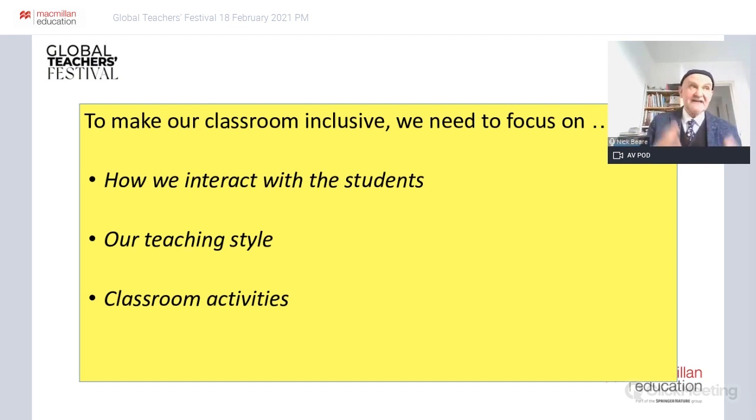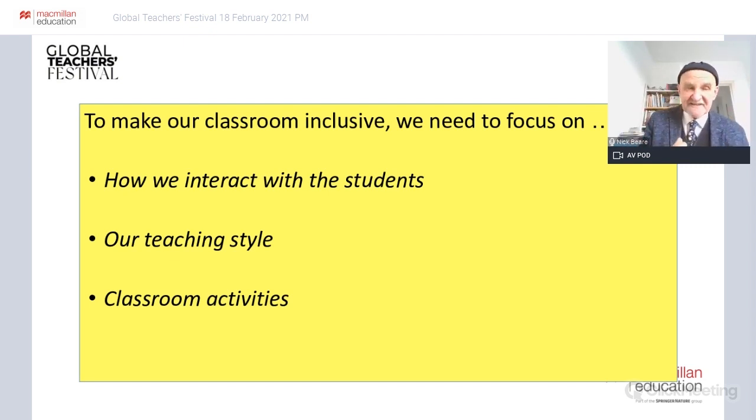So to make the classroom inclusive, to get everybody involved in the action, not to feel not involved in the class at all, we need to be careful about how we interact with the students, and particularly make sure that we can do something at times to break up the little tribes or cliques.